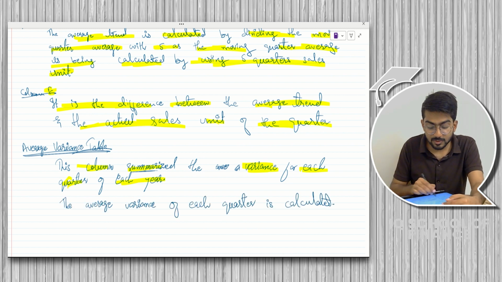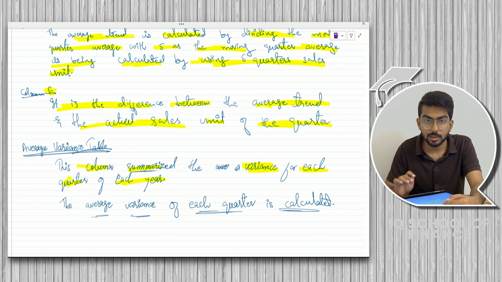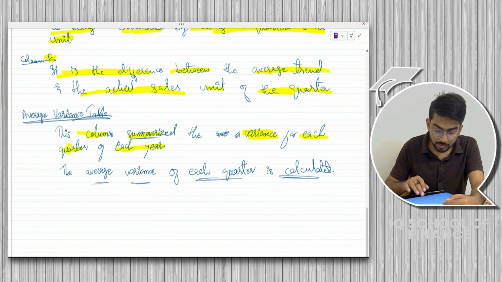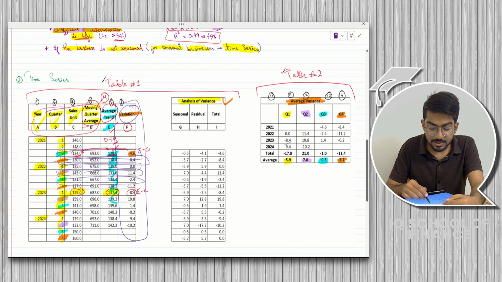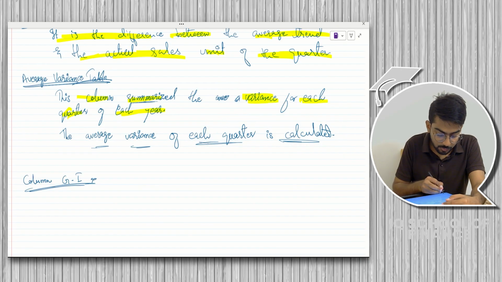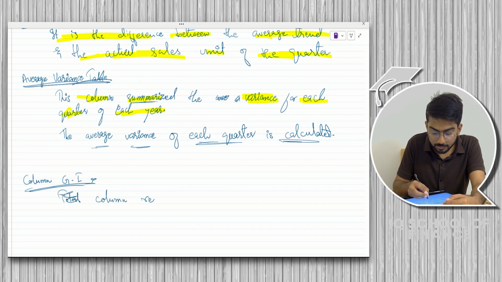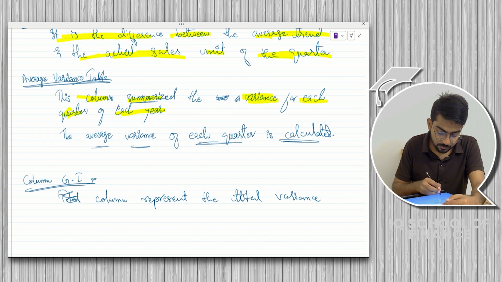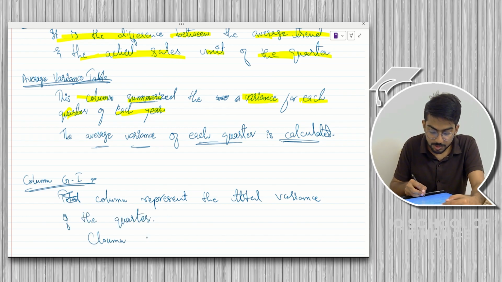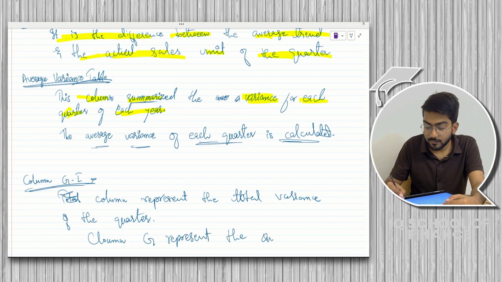So the average variance for each quarter is calculated, and for columns G, H, and I, column I represents the total variance of the quarter, and column G represents the average variance of the quarter, right?